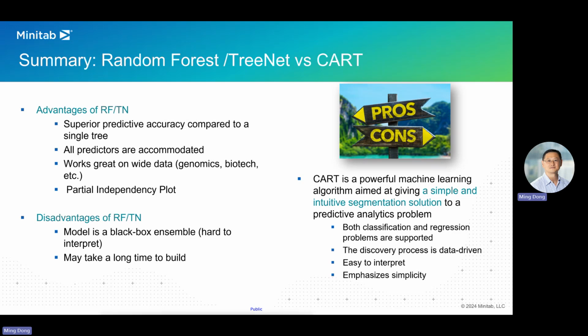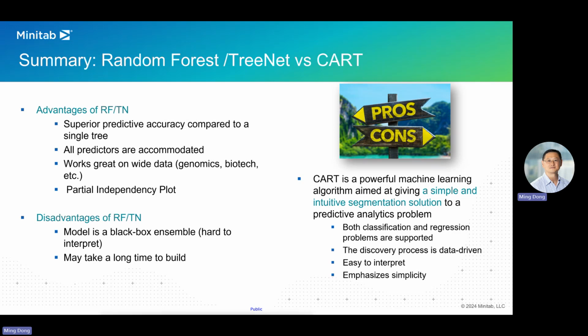Emphasize the simplicity. Then random forest and TreeNet are groups of trees, built either sequentially or independently. They are looking for accuracy because you have multiple trees for prediction, so you get results from many, many experts. The accuracy can be much better, in general.